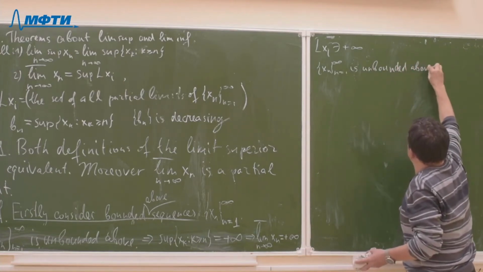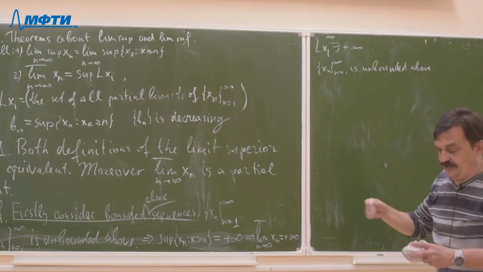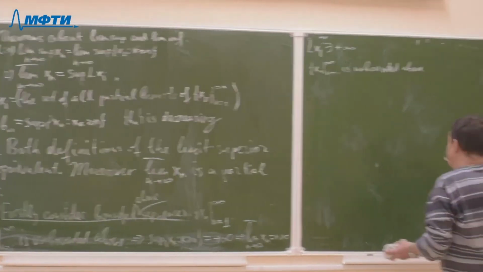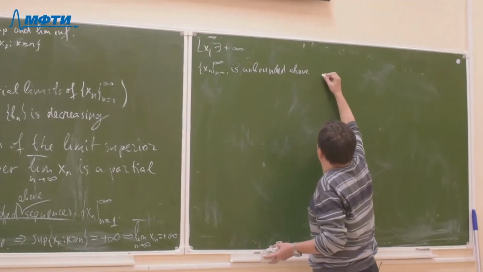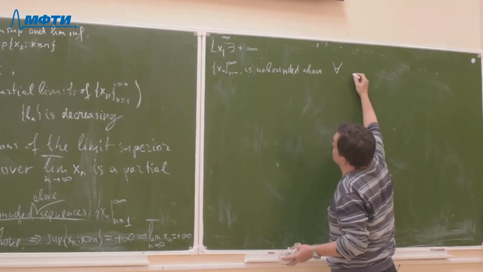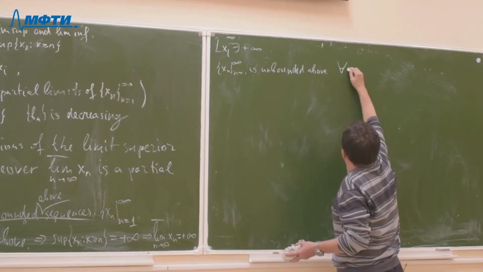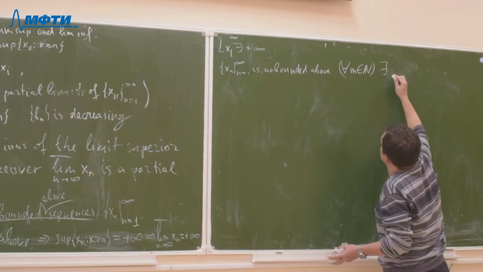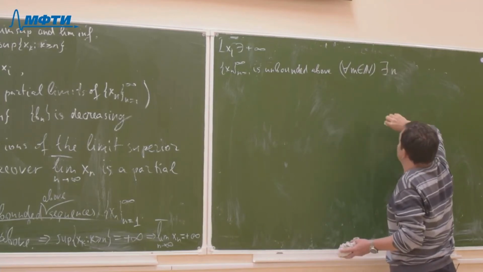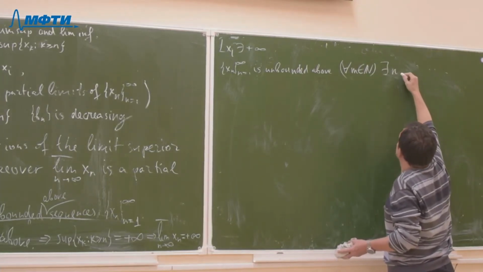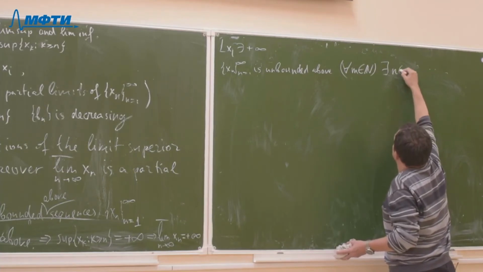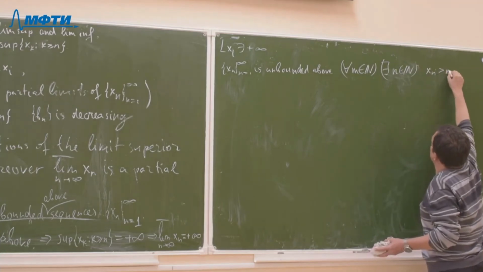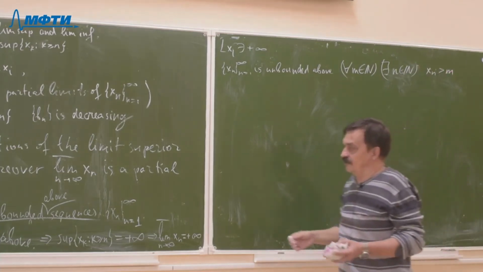So it means that once we try to find an upper bound, we fail. So take arbitrary, let's say, M natural, there exists N such that xn is greater than M. That is just from unboundedness.